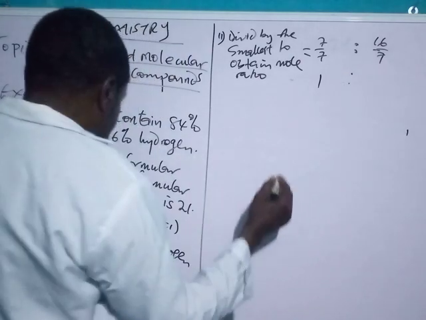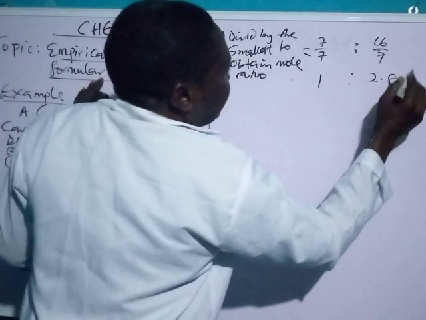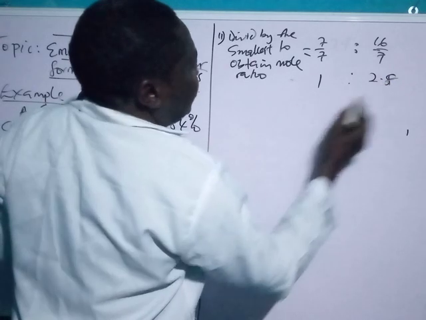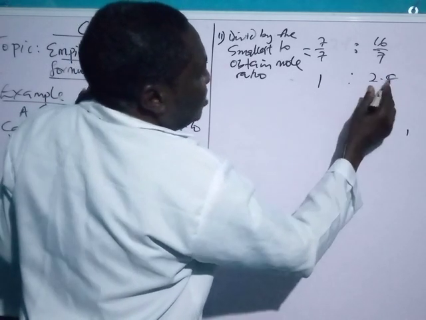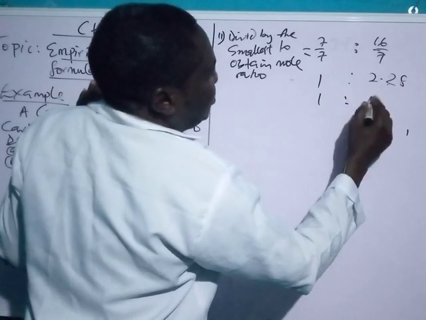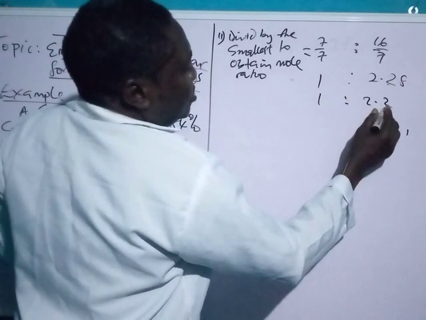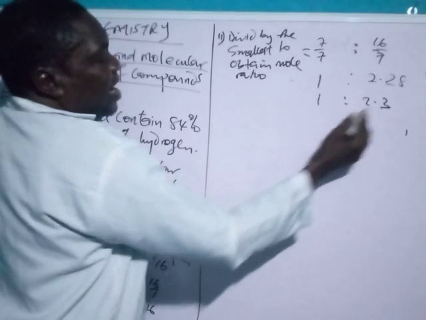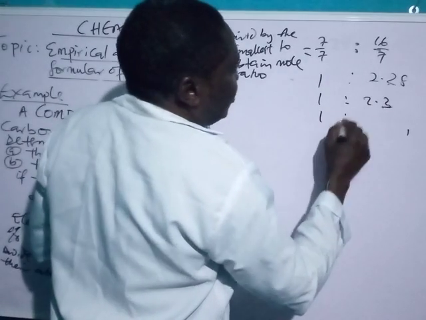Here, if you divide 16 by 7, you have 2.28. Remember, if you have 2.8, you can always approximate it to 3. But 2.28 is not up to 2.5, so you can just approximate it to 2, giving a ratio of 1 to 2.